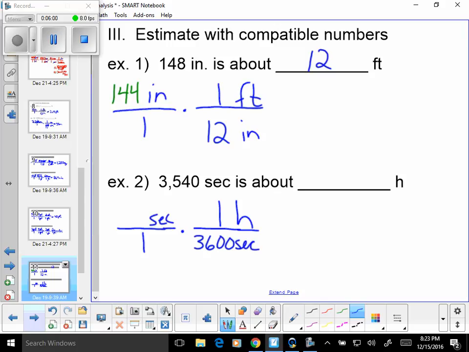Now, what number that's a multiple of 3,600 is really close to 3,540? Well, we are really going to kind of cheat, and we're really going to estimate. We're going to say that 3,540 is really close to 3,600. And now, my answer is going to be 1.